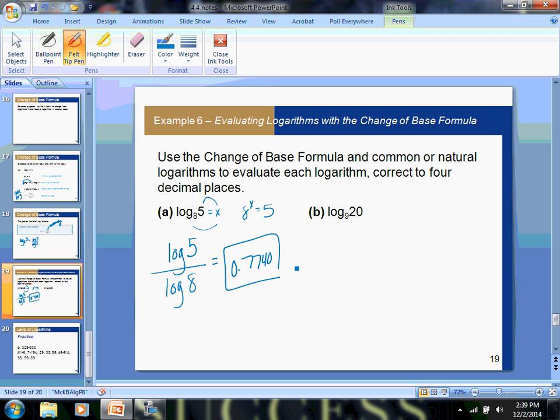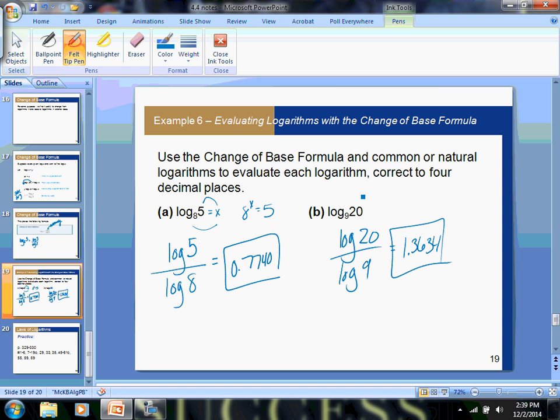And then for part B, you're just going to do log of 20 over log of 9. And that should get you 1.3634. And again, this just has you finding an answer in a different way than doing 9 to the x power equals 20.